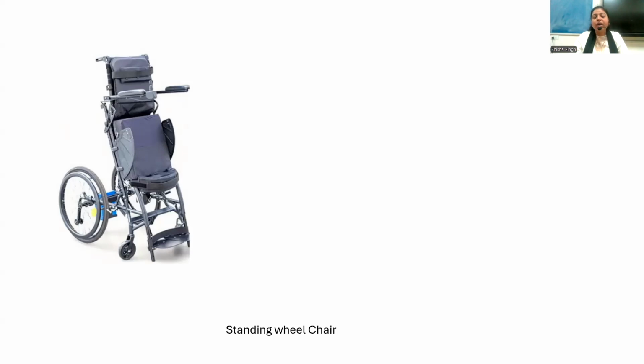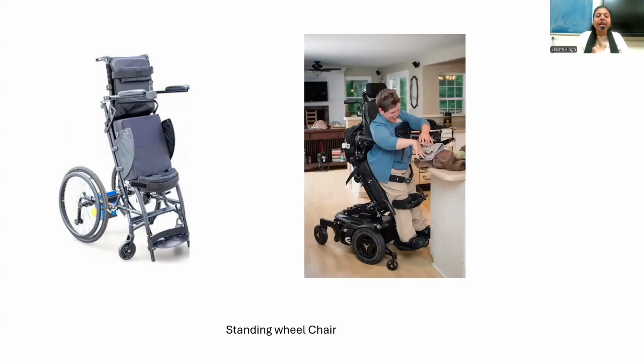that this particular requirement of standing is still a pain point. They are missing that standing body posture. There are multiple household chores, or multiple personal works they can do by standing, right? And when they are able to stand with this particular structure of the wheelchair, it will be useful for the users.